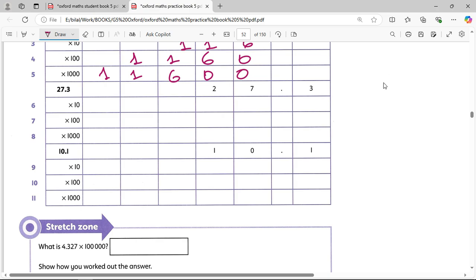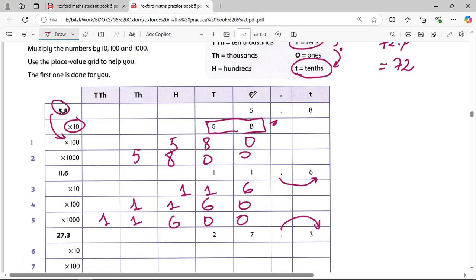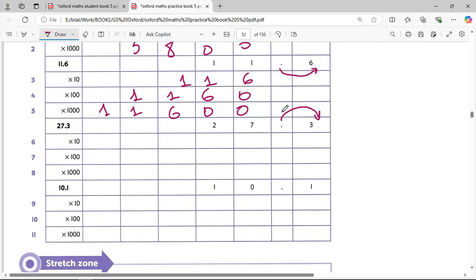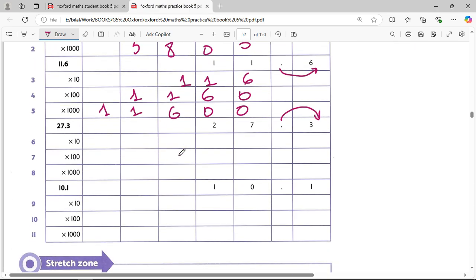Let's go to this 27.3. If I multiply by 10, this decimal goes backward. Remember, the ones are here, the tens are here, the hundreds are here. Because I multiplied, it goes backward and the number became bigger. It's 200 something, so I come here and write the hundreds. It's 273.